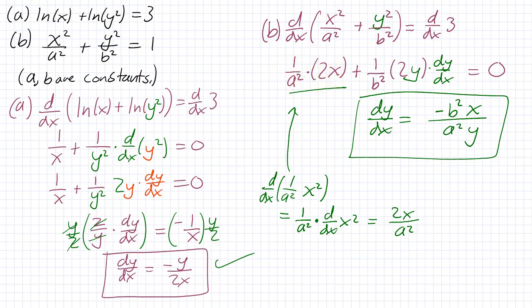I'm subtracting this part from both sides to get the negative 2x over a squared over here. And then you can divide everything by 2 because there's a factor of 2 in both sides of this. So that will cancel out. And then multiply both sides by b squared and divide by y. It should all cancel out to become this thing. So that is the answer to this.